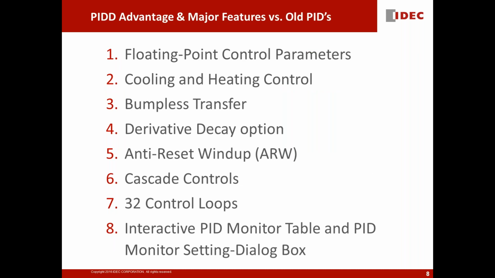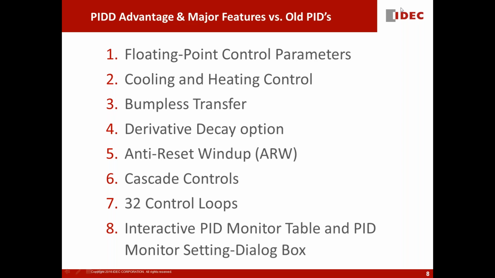This has some really cool features we want to talk to you about. As I mentioned, some of you are familiar with our old PID. In our old PID, we have almost similar settings, of course, except the main difference between the two is the PIDD is a better written, more advanced algorithm, and it uses floating point versus whole numbers only.